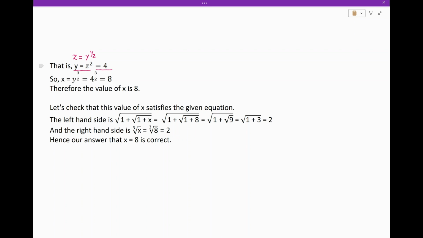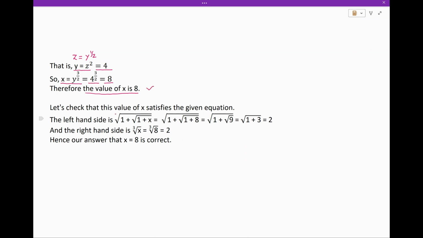Also remember that we had taken x is equal to y to the power of 3 by 2, and since y is 4, x becomes 4 to the power of 3 by 2, and that is equal to 8. So, the value of x is 8, and that is our answer.